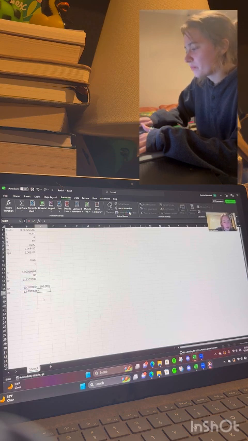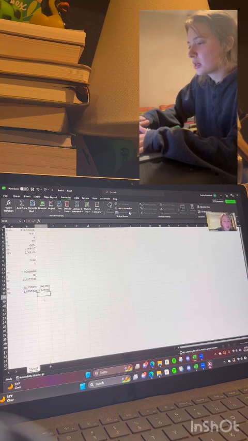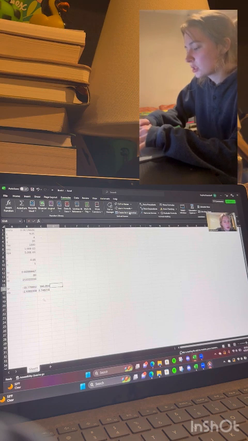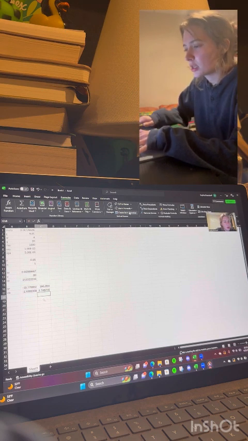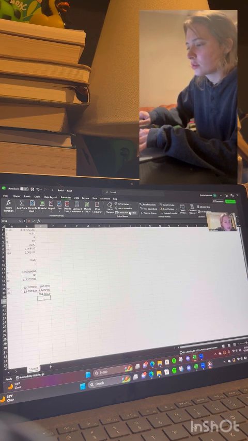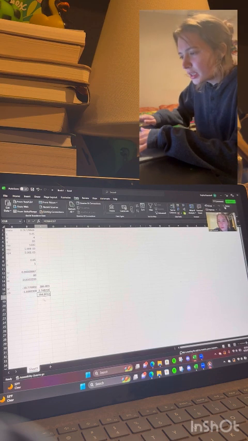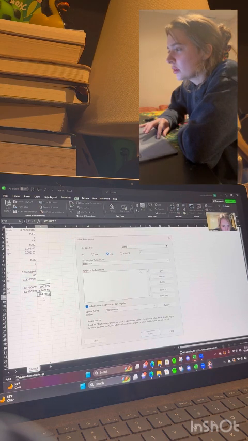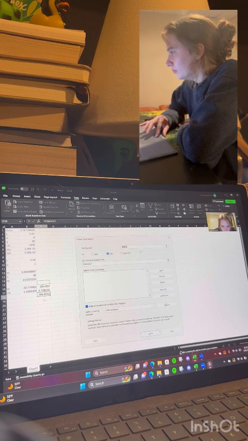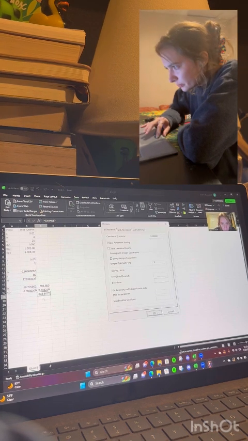Equals BR times BR equals CB times CB. Okay, so from here equals this, and then we should be able to utilize our solver.